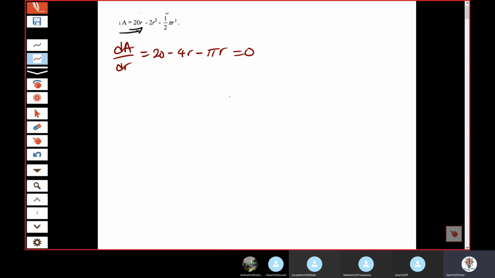We're trying to solve for r. Because it's not a quadratic, I would move the 4r and the pi r over, because I would like to keep it positive, but you could have done what you just said. I would factorize my r out. Therefore, r equals 20 on 4 plus pi.